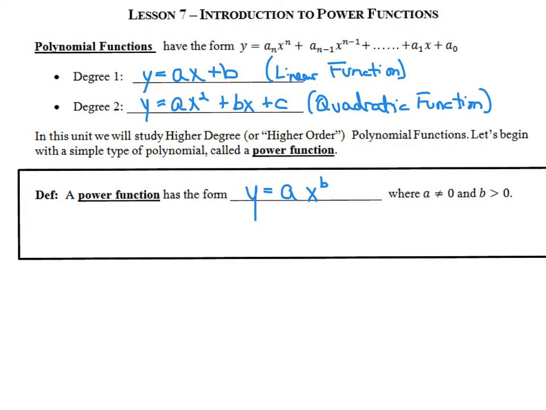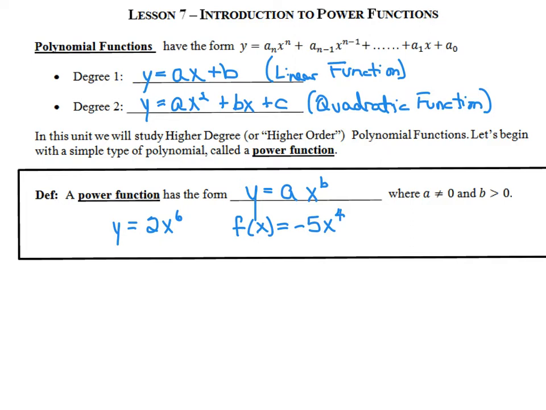Let's in this box jot down a few examples of power functions. So one example of a power function would be y equals 2x to the 6th power. We could also write this in function notation, so I could say f of x is equal to, how about negative 5x to the 4th power?